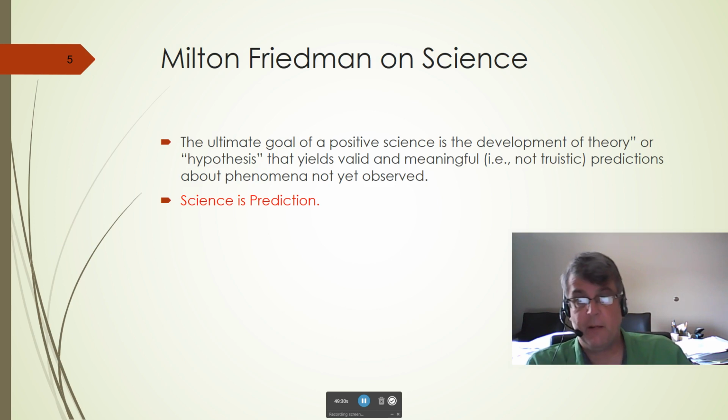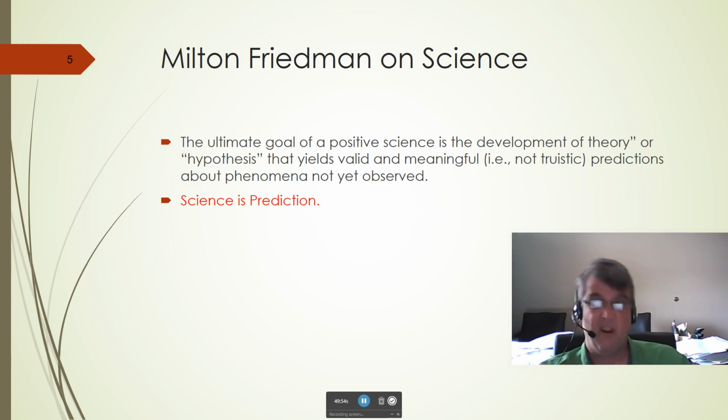A scientific theory is good or scientific if it predicts well. If it doesn't predict well, it's a poor or not a scientific theory. He's also saying another thing, and that is that the assumptions in our theory don't have to be true.